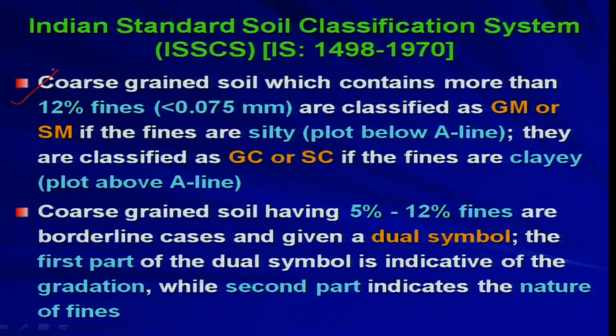So, that is why it will be given a dual symbol, and the first part of the dual symbol is indicative of the gradation. First you understand this thing, the first part will be like GW. We will see what the different possible dual symbols available are.